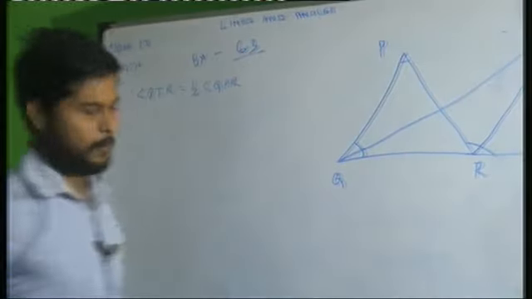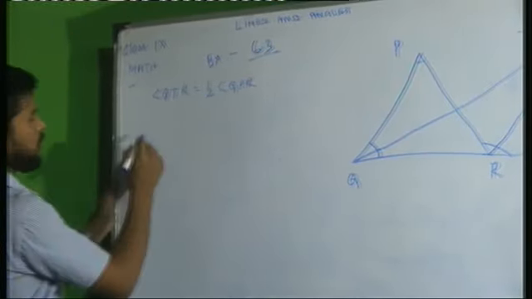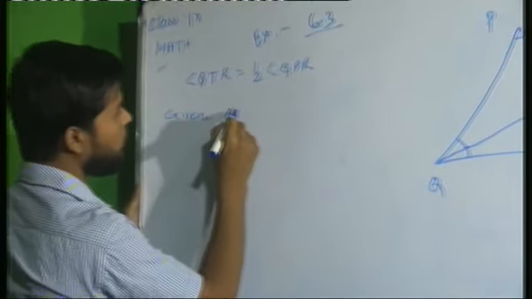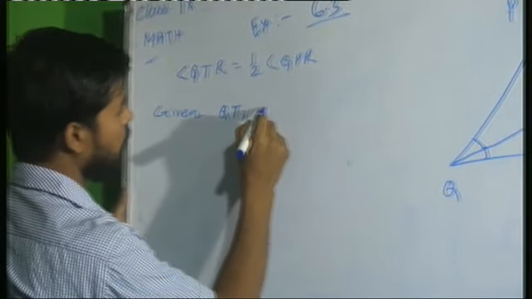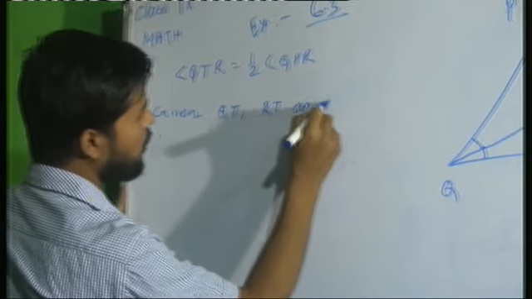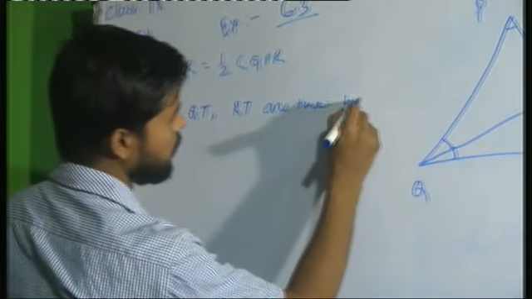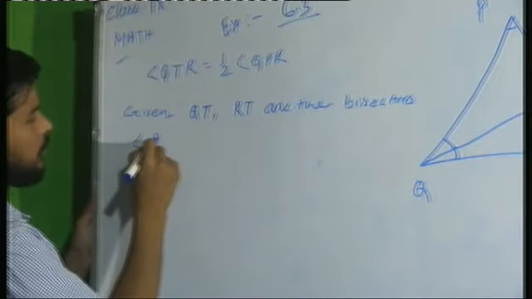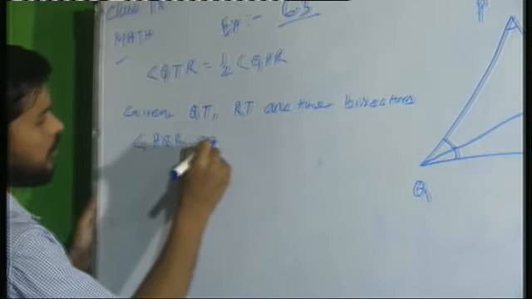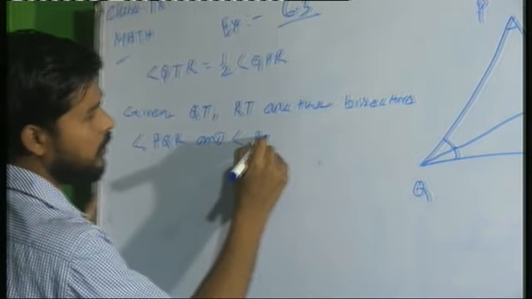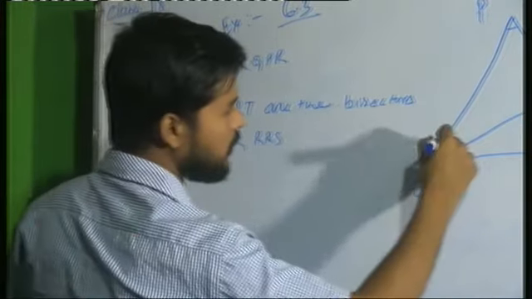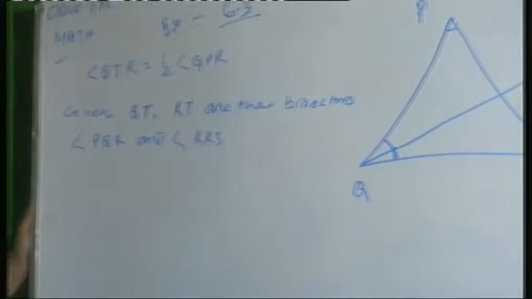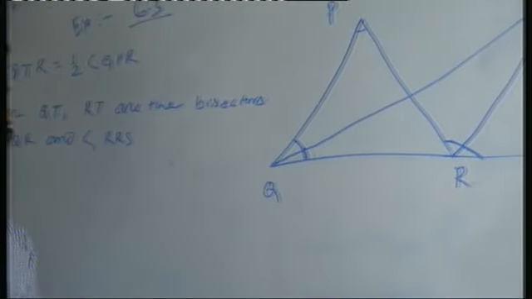Okay, so look, what is given here? Given that QT and RT are the bisectors of angle PQR and angle PRS. So by bisector we know it divides the angle into two equal parts.